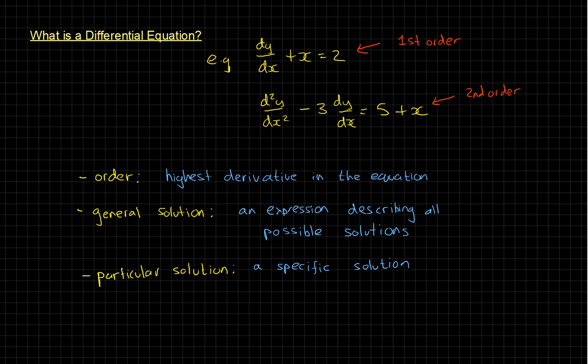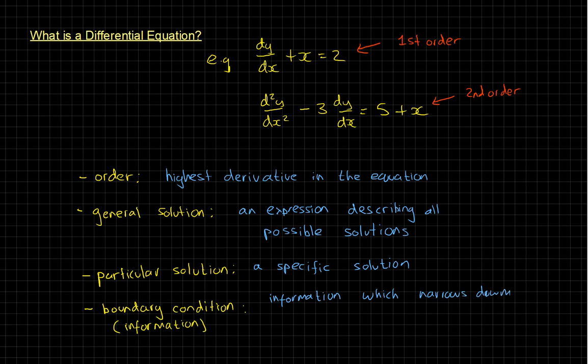And then one last bit of terminology is boundary condition. A boundary condition is effectively a piece of information, a piece of numerical information which allows you to go from a general solution to a specific solution, which narrows down a general solution to a specific solution.